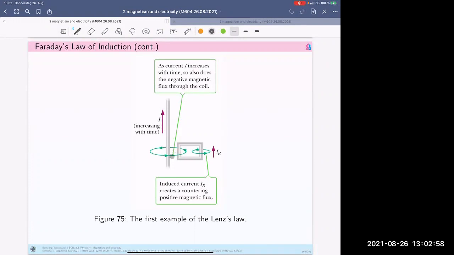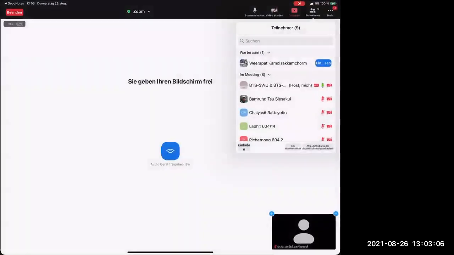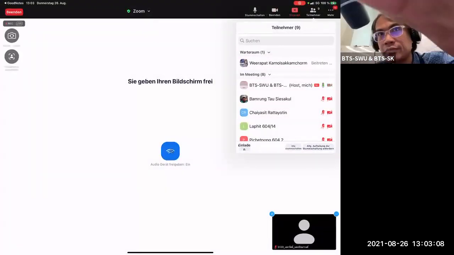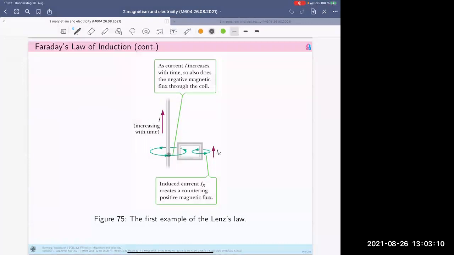The induced field is quite related to the Biot-Savart law. If you want to find the direction of the induced magnetic field, you use your right hand, your thumb direction laid down according to the direction of the current. Your remaining four fingers will represent the magnetic field lines, which have a circular shape like this.